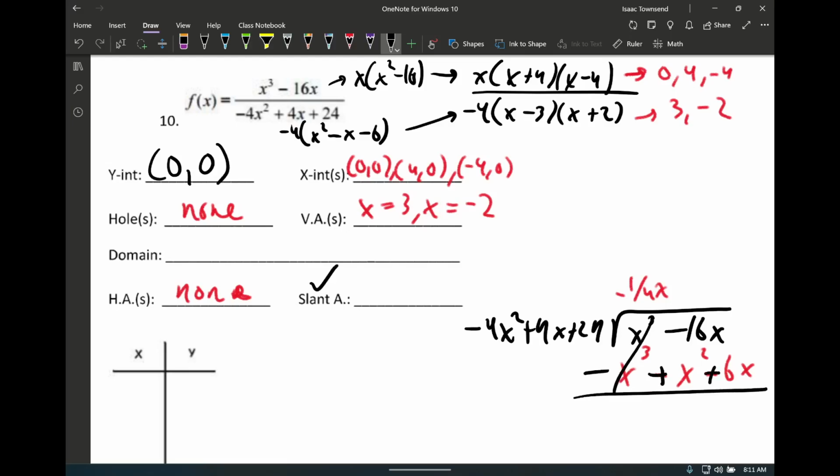Change all the signs and add. And then once more, negative times a negative gives a positive. 1/4 times 4 gives me 1.